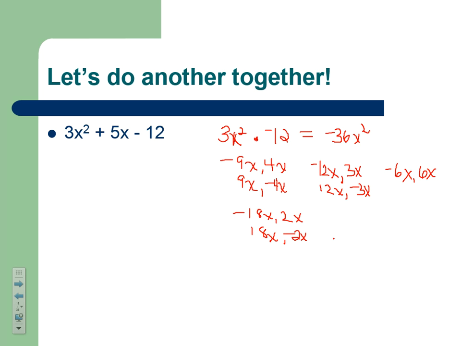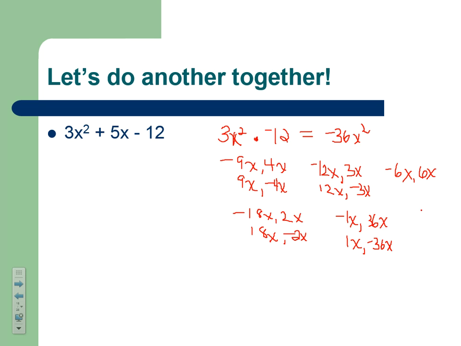And in addition to that, we have negative 1x and positive 36x. And we have a positive 1x and a negative 36x. So here are our factor pairs for negative 36x squared.